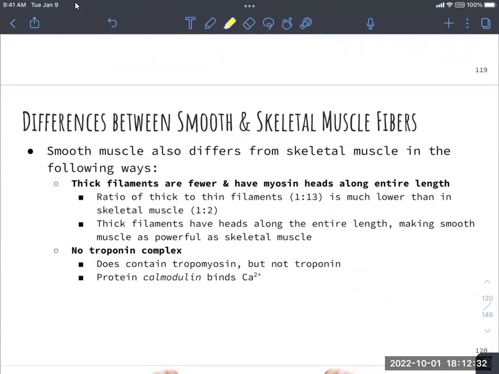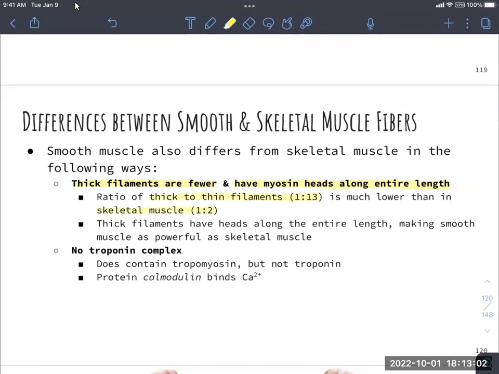So let's look at how skeletal muscle versus smooth muscle, how are they different? They don't have as many thick filaments, but they have myosin heads that run the entire length of that cell. Their thick to thin filament ratio is 1 to 13. Skeletal muscle is 1 to 2.